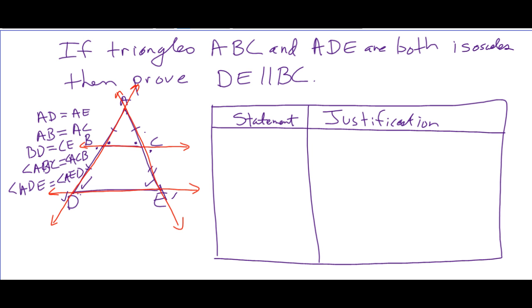How would you justify the supplementary? Well, I could say these 2 angles are supplementary. What I want to avoid is making any statement that says this is like this, because that would assume these are parallel. This is what we're trying to prove, so we need to stay up here for a moment, and then we can move down here and say something about it.